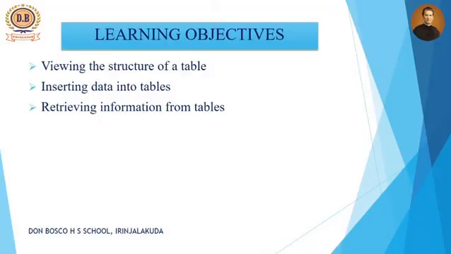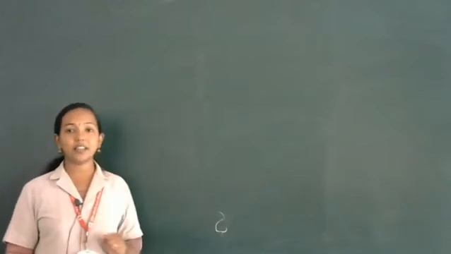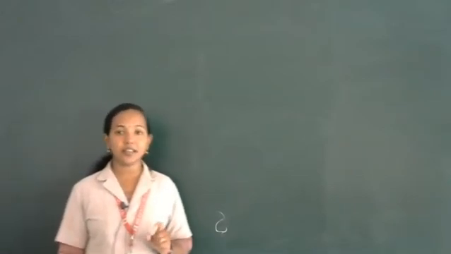In this video we are going to discuss how to display or view the structure of a table, which command we use, and after that inserting data into tables, then selecting or retrieving data from a table. So these are the three topics that we are going to discuss now.